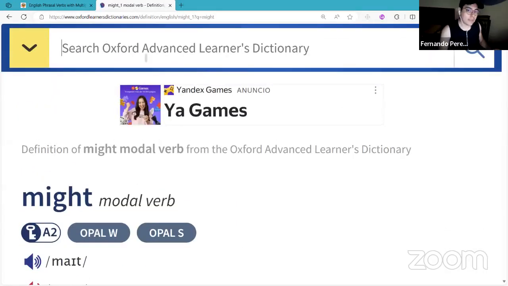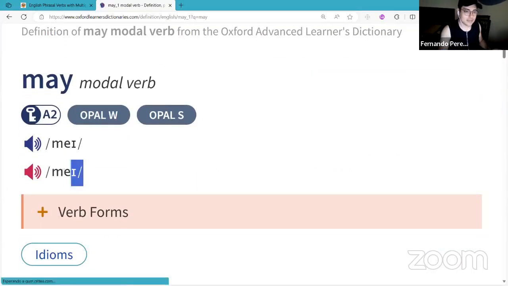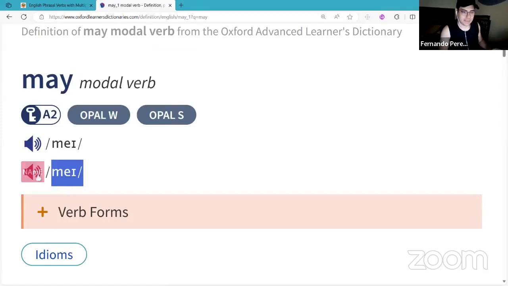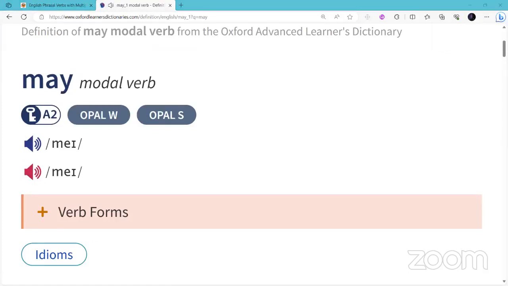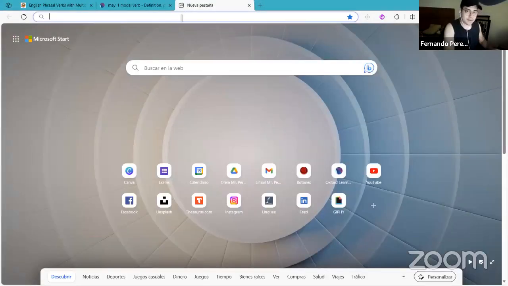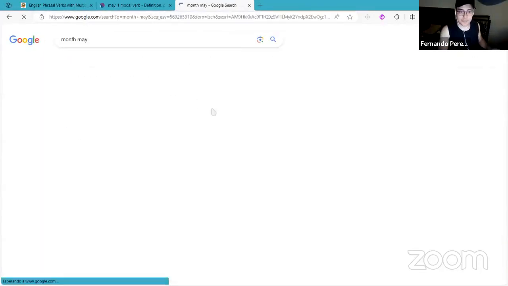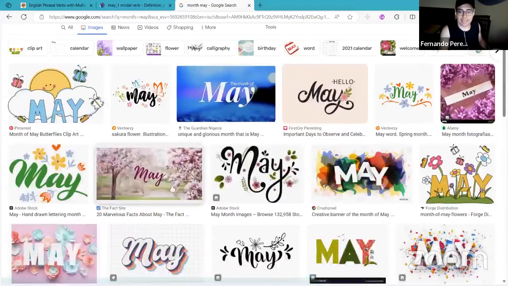The one that has no T is may. Excellent, Viridiana. May. Correct. So be careful with the pronunciation. Might versus may. May is similar to the month of the year. Mother's Day is in May.